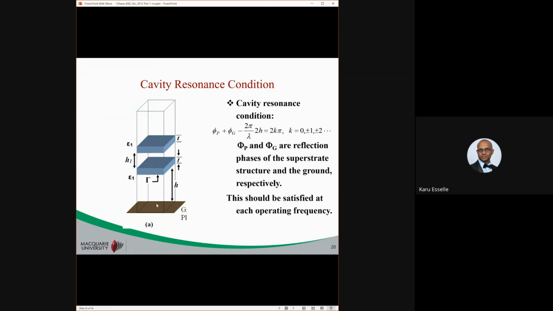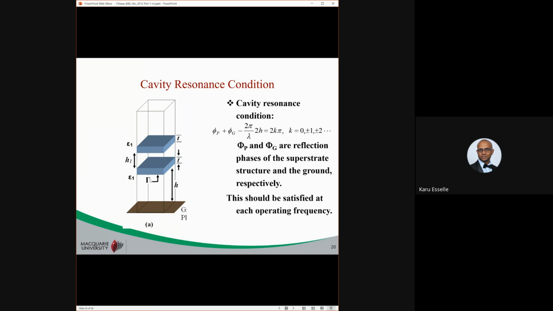So if you think about a wave that is bounced back and forth between these walls, when it is reflected by the superstructure, it will experience a phase change, and that is determined by the phase of gamma. So phi p is the superstrate phase, the reflection coefficient phase of the superstrate.